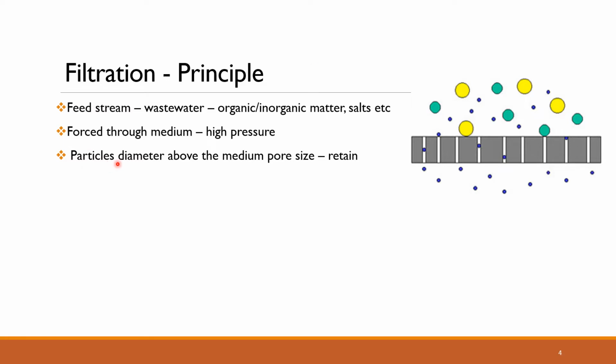So here what happens is the particles which have a diameter above the medium pore size will get retained on this filter, and the particles which are smaller than the pore size will pass through the medium and get into the permeate or the product stream.